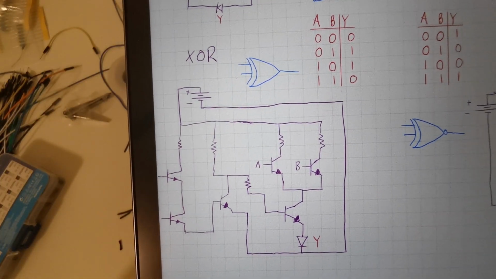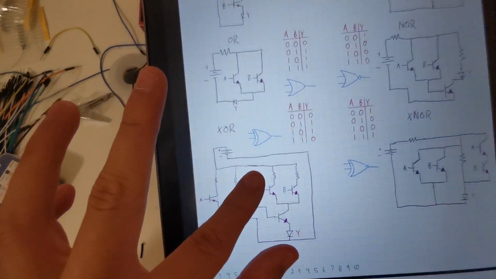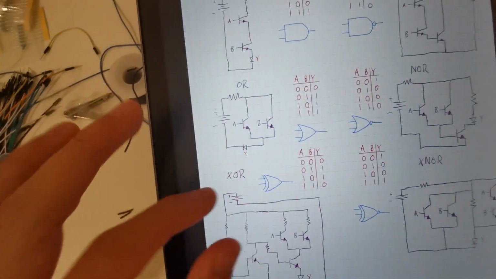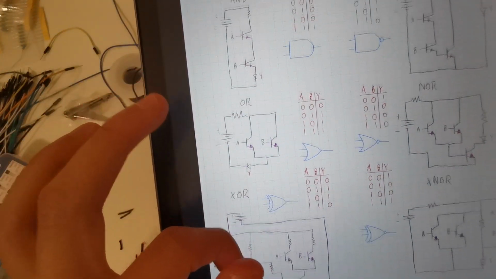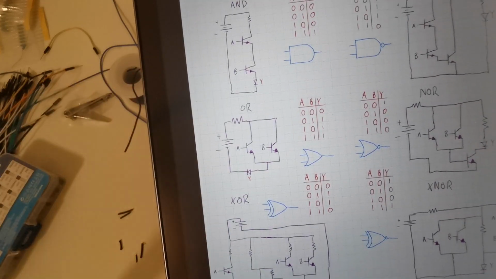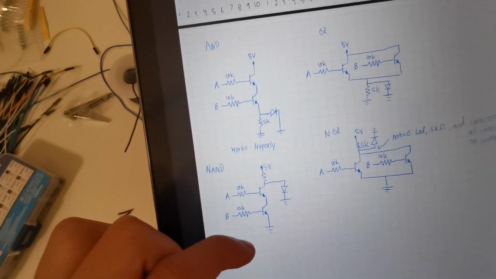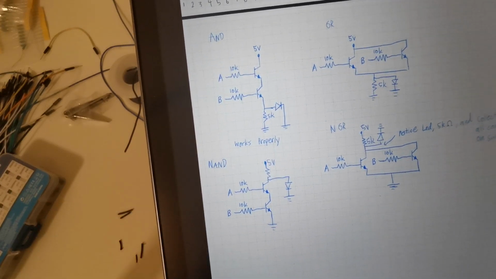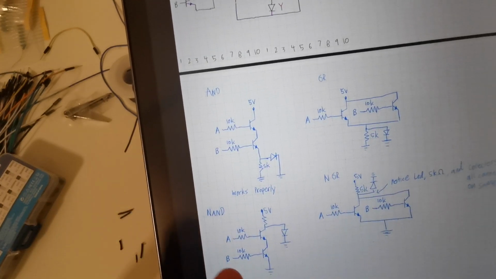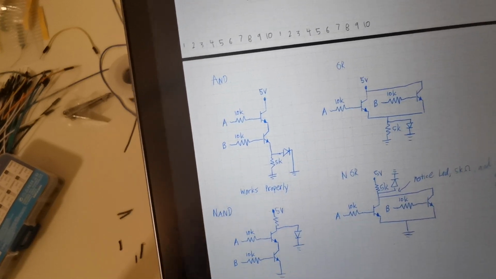Turns out I just misremembered the MOSFET, but I have a whole bunch of BJTs, so I had to alter these designs, and I don't really know how to do an XOR or XNOR gate as of right now without using a MOSFET. So I've decided I will just do the AND, OR, NAND and NOR gates, and I slightly changed up the NAND and NOR gates so that they would actually work.